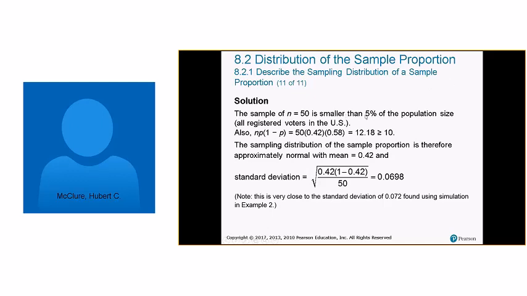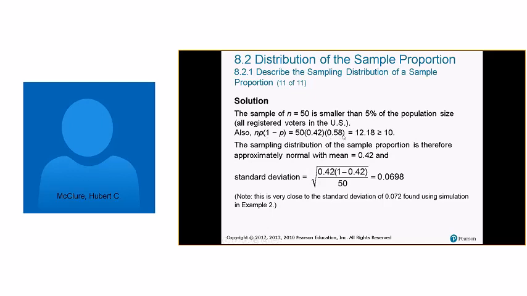Okay, 5% of 175 million is going to be greater than 50. You ain't got to worry about that. Also, npq, 50 times 0.42 times 0.58 is equal to 12.